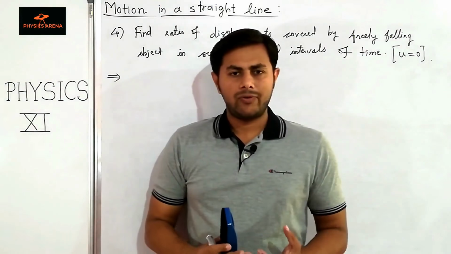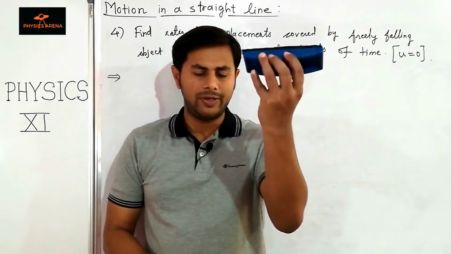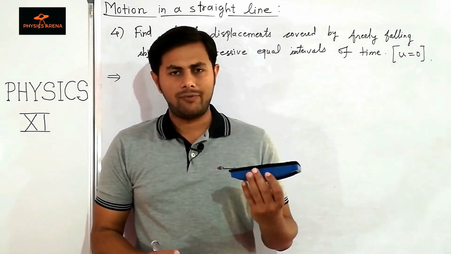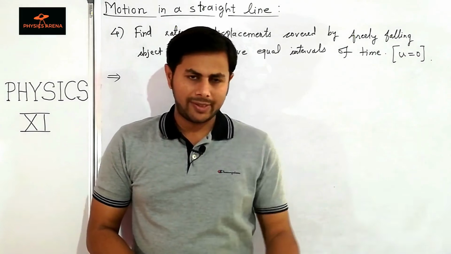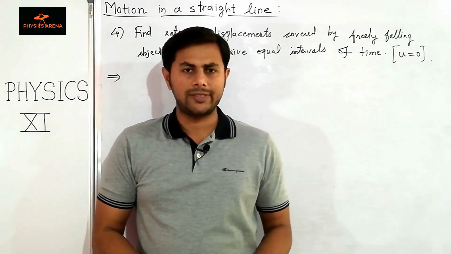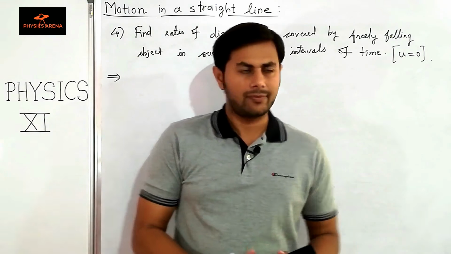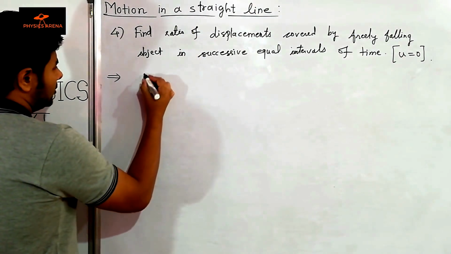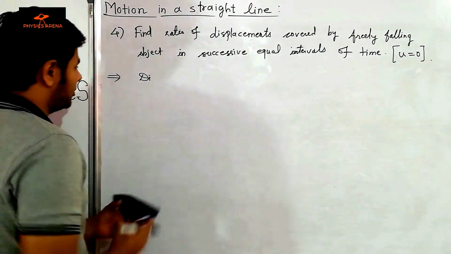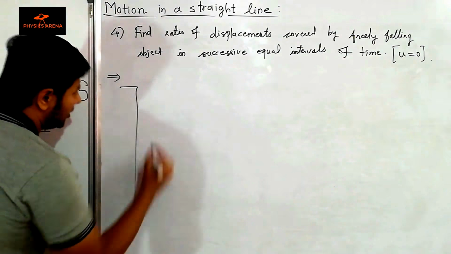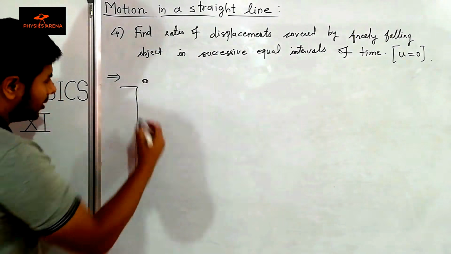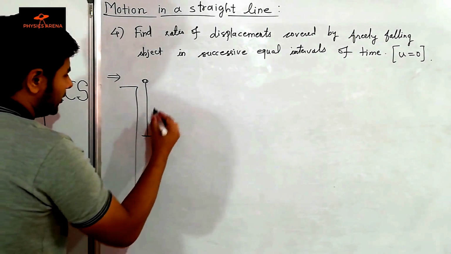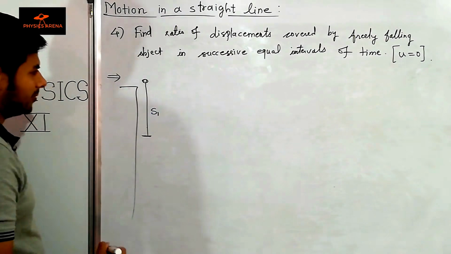Okay, so we have an object which is freely falling from some height. Its initial velocity is 0, and we have to find the displacements covered by the object in successive equal intervals of time. So let us do that. Suppose this is our object dropped from here, and in time t it moves till this point, and let me call this s1.